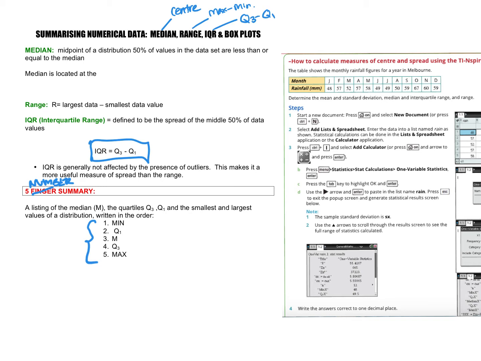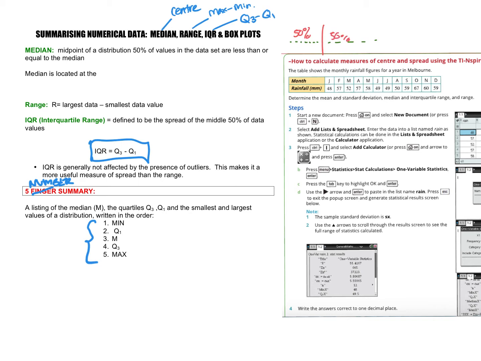But for this one, we'll just get the stats first, practice getting the stats. So as I said, the median is the midpoint of the data. If you have your median, you've got 50% of the things before and 50% after.